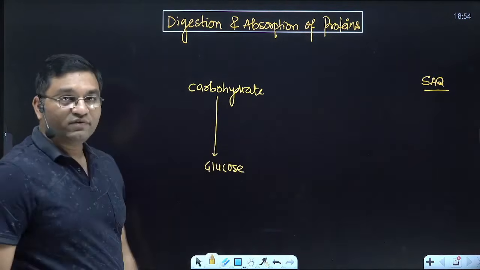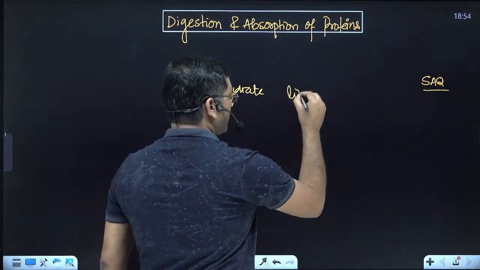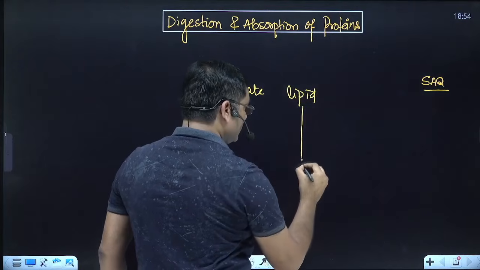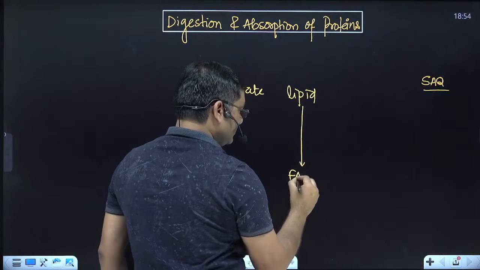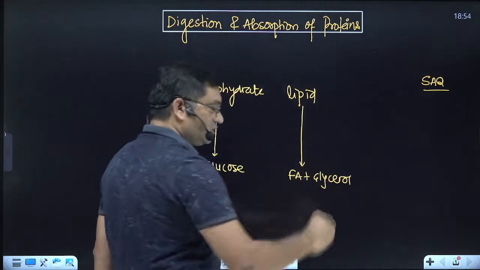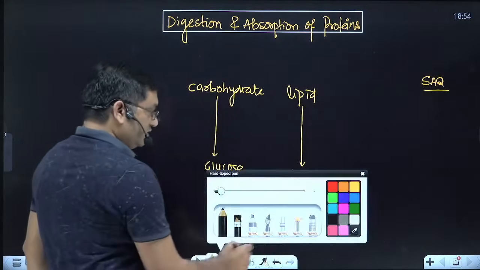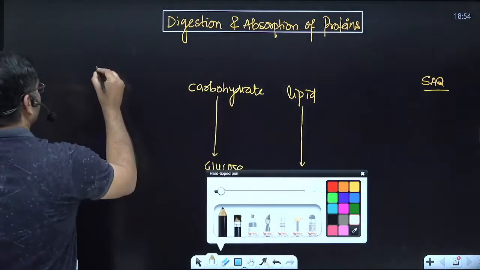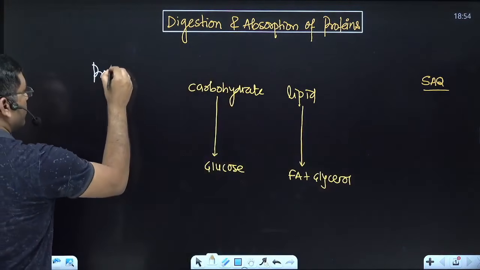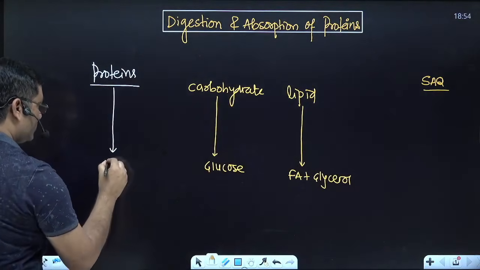Whenever it is digestion of lipid, it means conversion of these lipids into fatty acid and glycerol. Similarly, whenever there is digestion of protein, it means these proteins are broken down into their constituent amino acids.